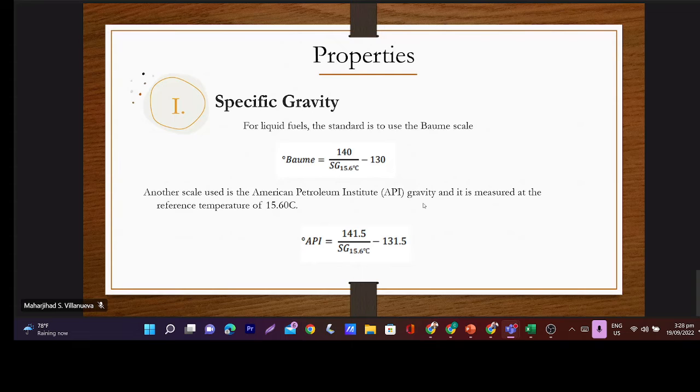Sa specific gravity po, si Paul po. Wait lang po, i-discuss po ni Paul Tambago. Bomb po yata. Bomb po.